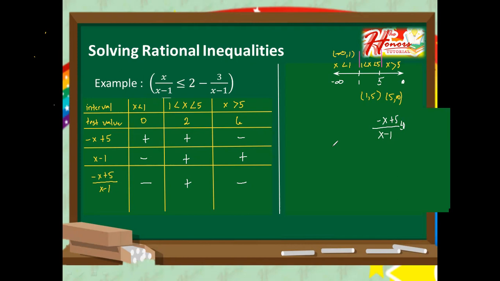We cannot use the positive, because that would give positive numbers that are greater than 0. If we use negative numbers, then it will satisfy this equation, which states that negative x plus 5 over x minus 1 should be less than or equal to 0. So those numbers that are less than 0 are negative numbers. So let's have this.